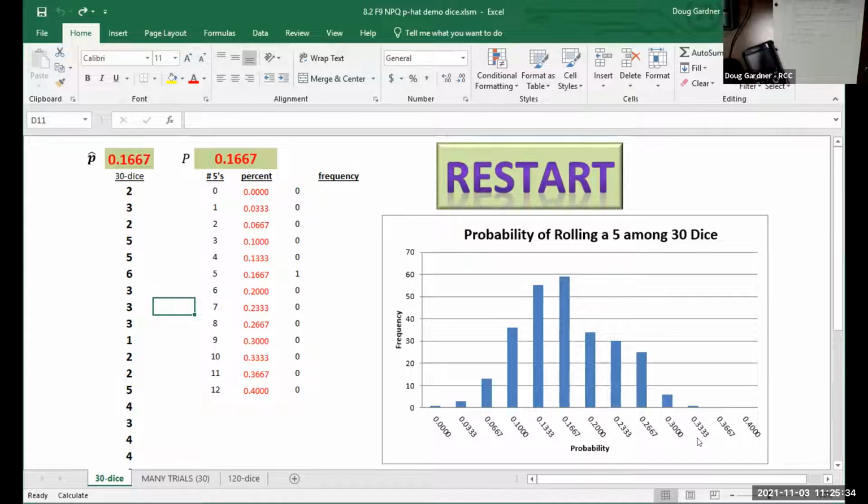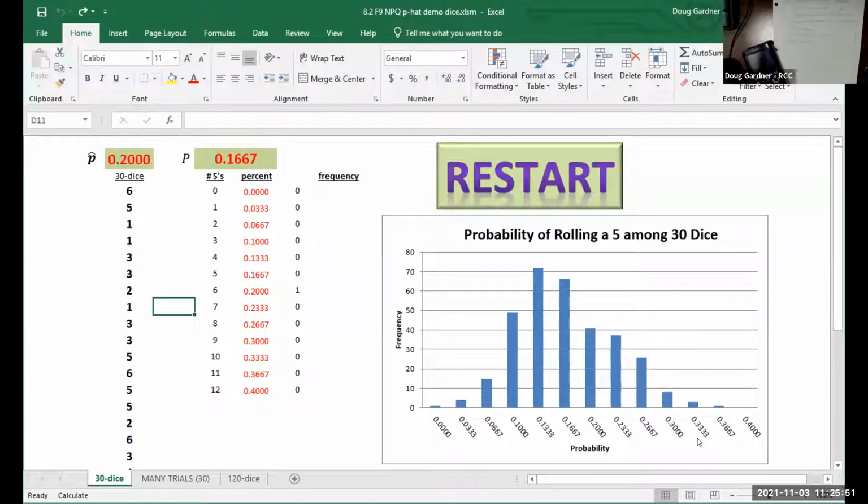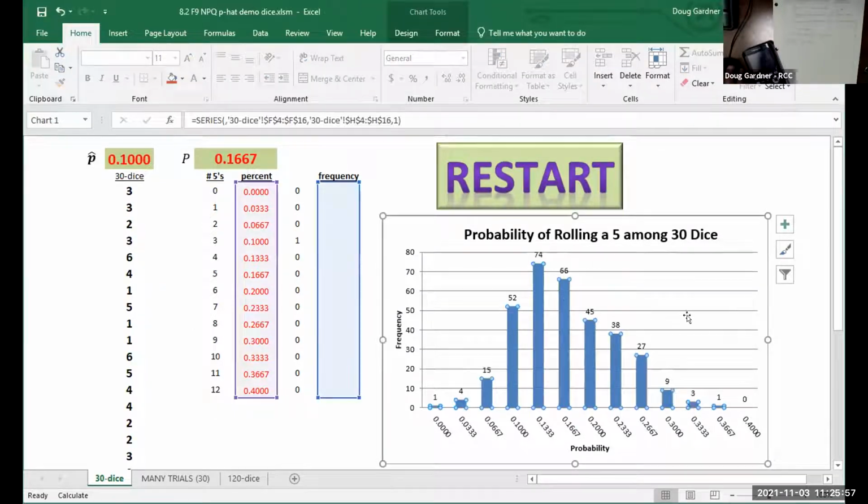Is there a chance your study was one of the terrible ones? That's what we're going to talk about in chapter 9. What do you notice about the shape of this distribution? Notice we just had one that was even higher down there. This would probably be helpful if I went in here and turned on the data labels.